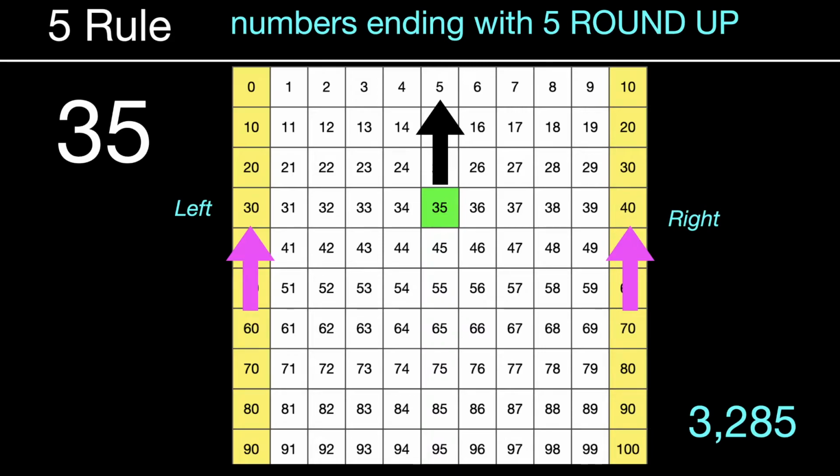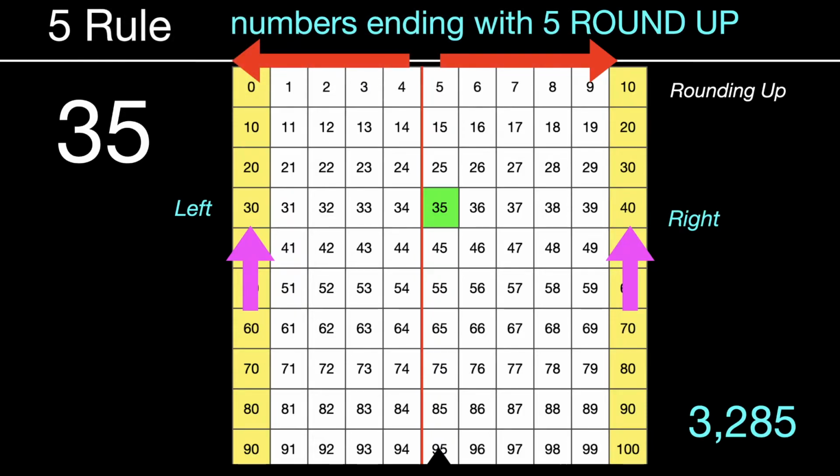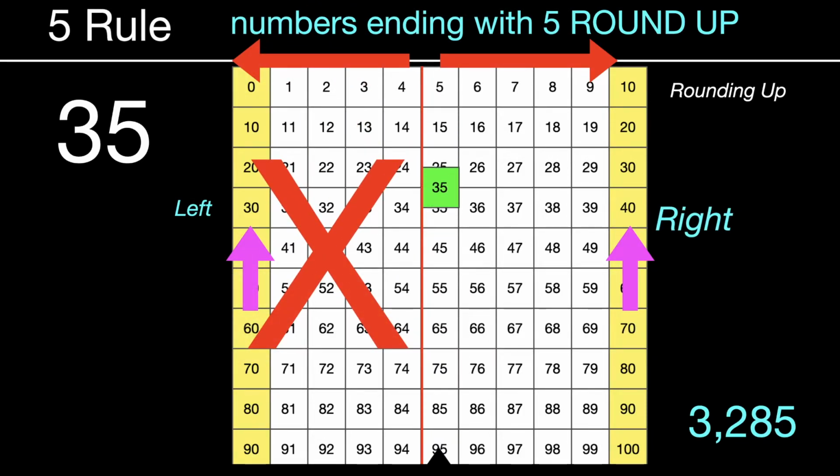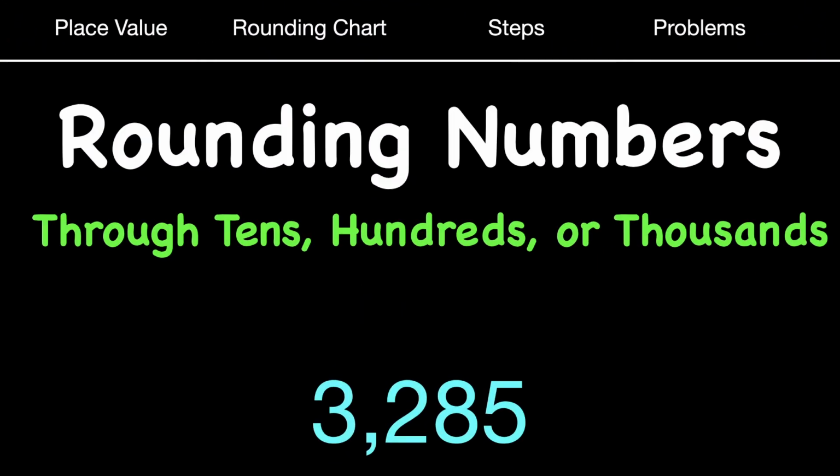So any number in that column that ends with 5 rounds up. Rounding up means on a rounding chart that we're rounding to the right side, not the left. So 35 would round up to 40, even though it's the same distance to the 30 as the 40. So 35 rounds to 40.